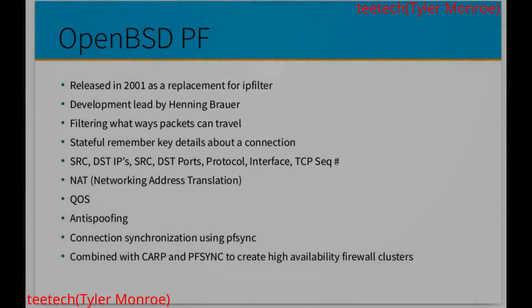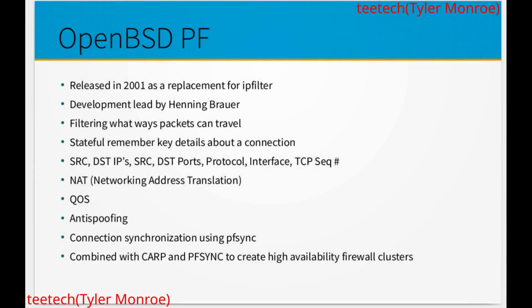Okay, so now that we've set our IP addresses on our interfaces and enabled routing, we have to talk about how we can control how those packets flow. And in OpenBSD, we use packet filter for that, or just simply shortened to PF. Now, a little bit of background.